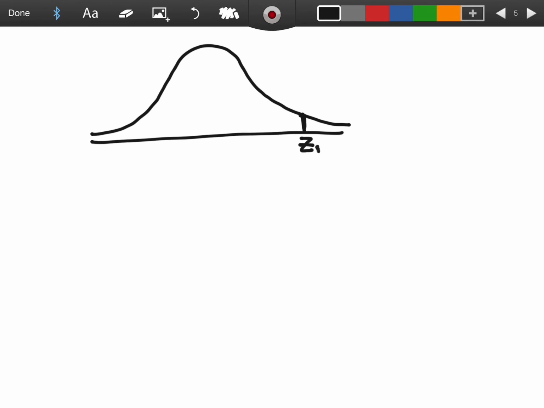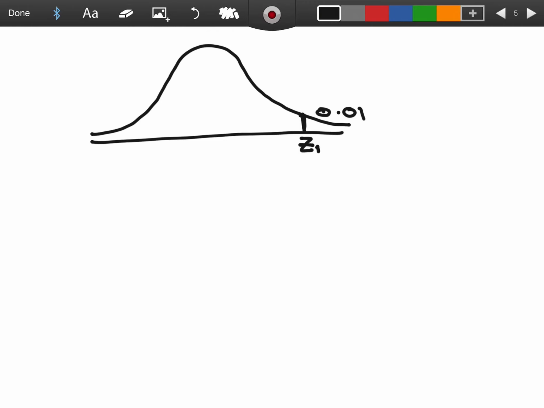My critical value, I'm going to call it Z1. I know that the area under the curve to the right is that significance level because it's right-tailed with a 0.01 significance level. So 1% of the time is where I want to reject my null hypothesis. My rejection zone, that danger zone, is going to be off to the right.